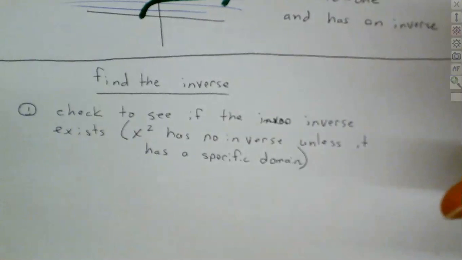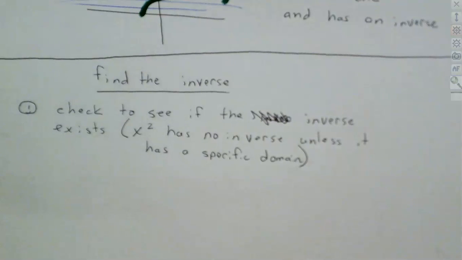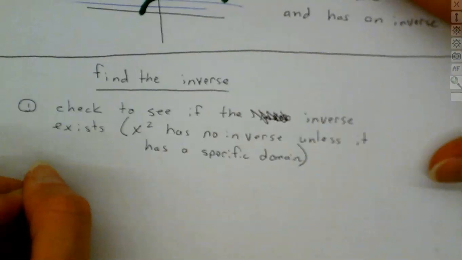Now, most functions have an inverse. The exception to that is x squared. X squared has no inverse because it's a U, unless it has a specific domain. And sometimes they cut off the x squared and they tell you it has a certain domain, so then it would pass the horizontal line test. But in general, if there's no domain given, then it will not have an inverse for the x squared.